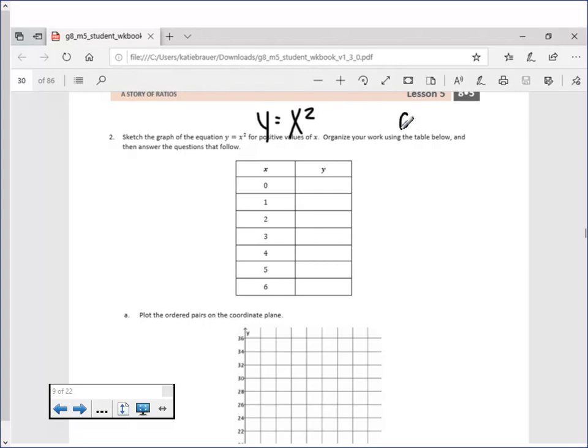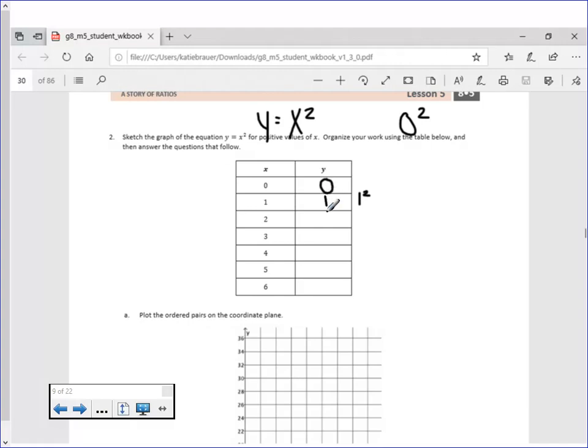So if you take 0 and you square it, what would it be? What is 0 squared? If you don't know, you have a calculator that can do that for you. 0 times 0. All right, what would 1 squared be? 1 times 1. We know what 1 times 1 is.